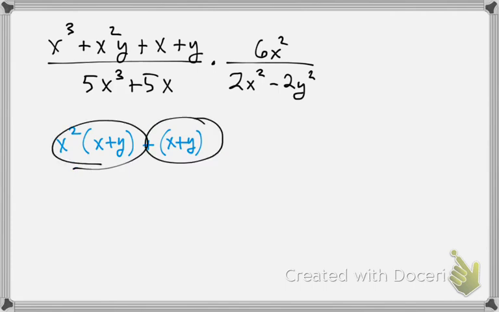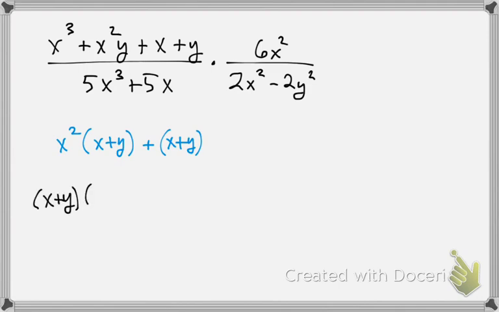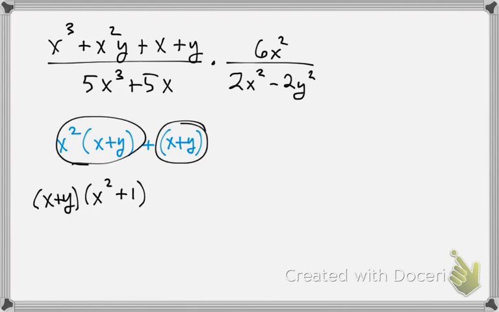Two terms here. Do they have something in common? X plus y. If I factor out x plus y, that leaves me with x squared plus 1. X squared from the first term, 1 from the second term.